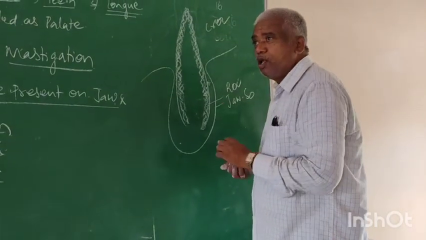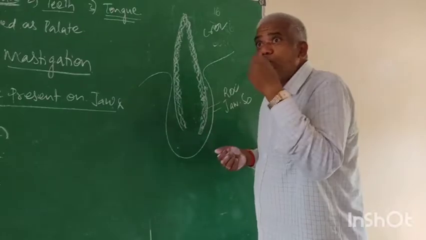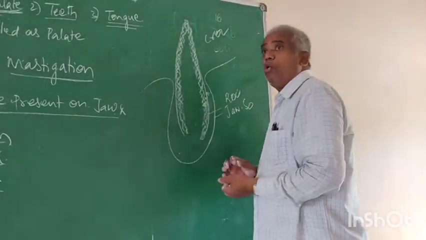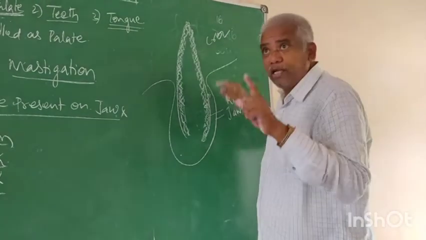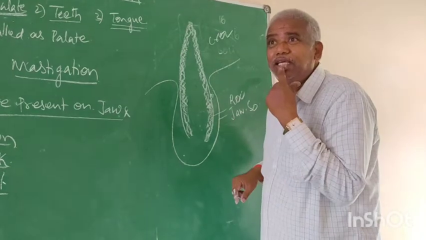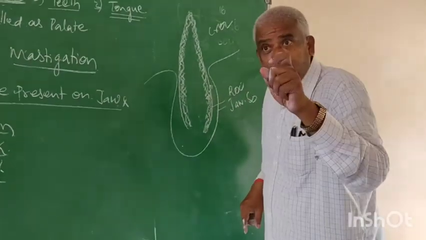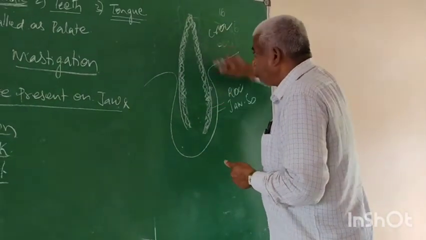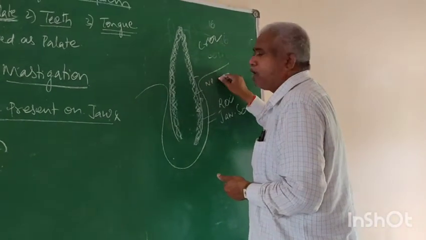That means we have 32 teeth, and each tooth contains a root. The root is not visible to the eye because it is fixed in the socket. The only visible part of the teeth is called the crown. That means you are seeing a part of the teeth but not the complete teeth. Between the crown and root, a small narrow part is called the neck.